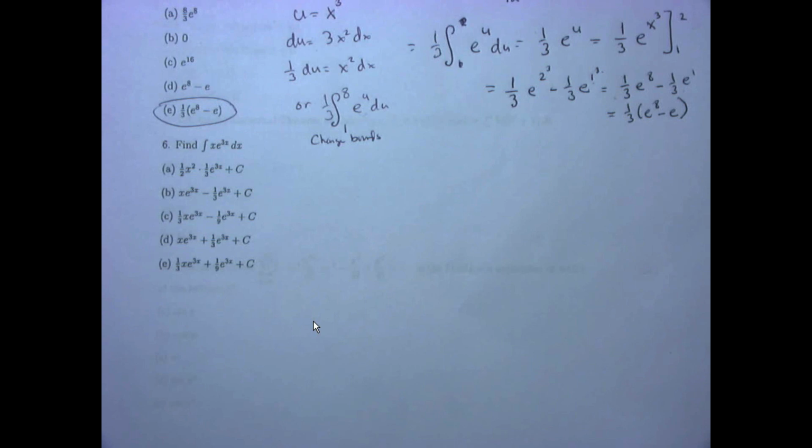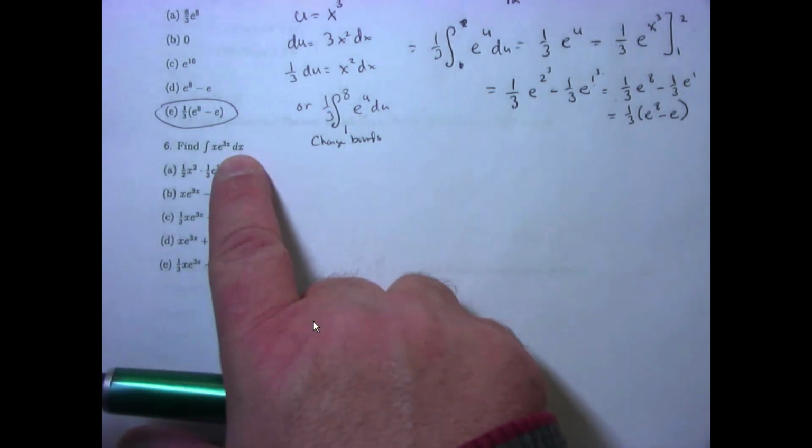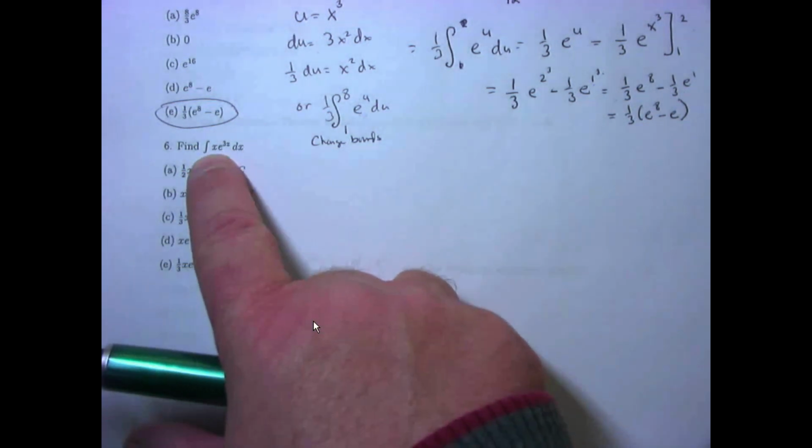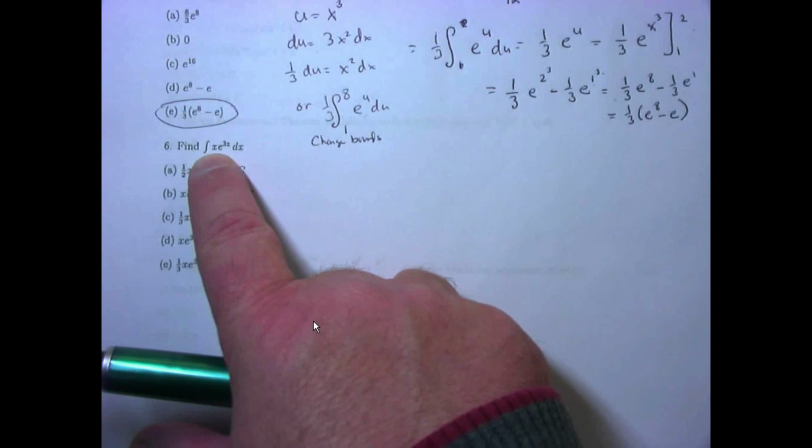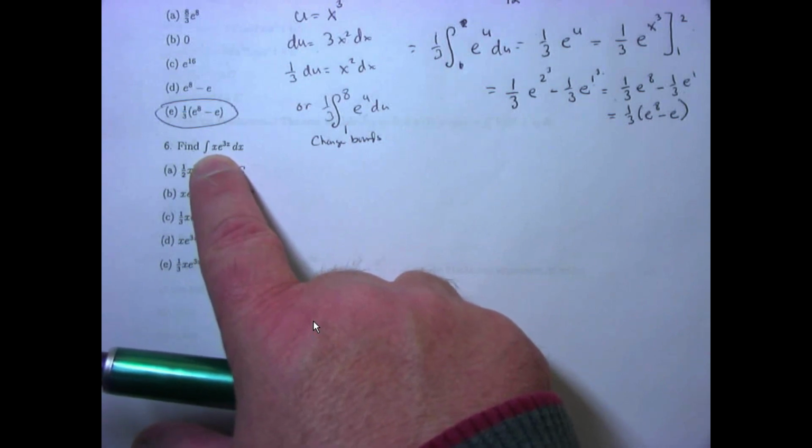Number one, if I did u substitution on this problem, I would have to do the same trick again, which is let u equal to the exponent, which is, in this case, 3x. The du equals 3 dx, so the dx gets replaced with 1/3 du. There's e to the u, but there's an extra x left over. If I back substitute, that'll be u divided by 3.